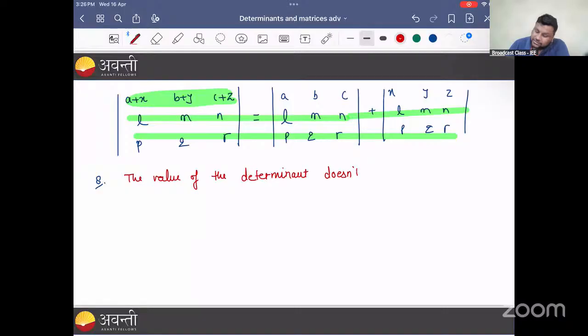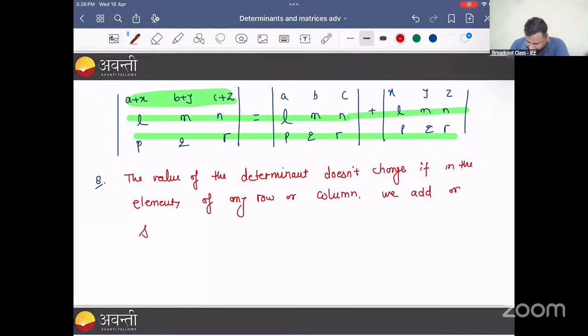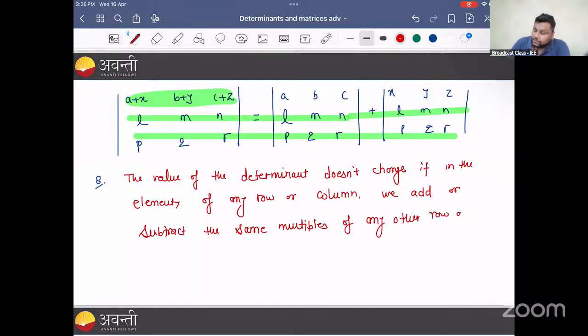The value of the determinant does not change if in the elements of any row or column we add or subtract the same multiples of any other row or column. Understood?